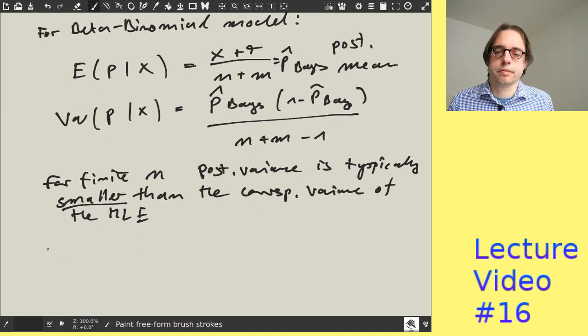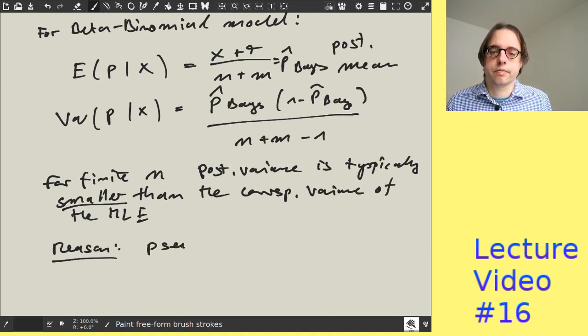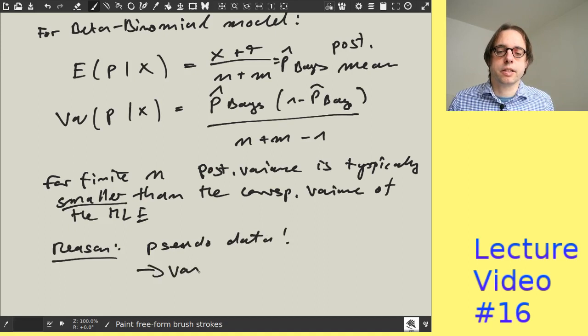And the reason is simple. The reason is the pseudo data. We have more data, even if it's pseudo data. And because we have more data, the variance is, even if slightly, smaller.